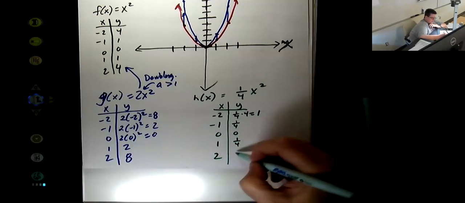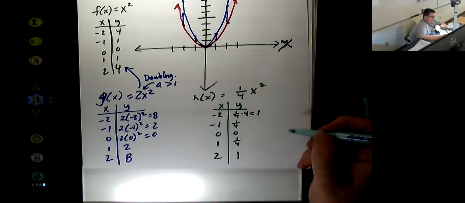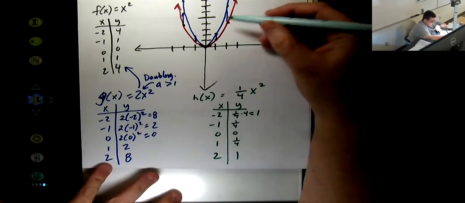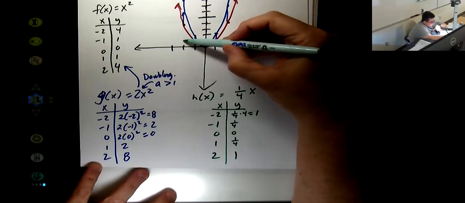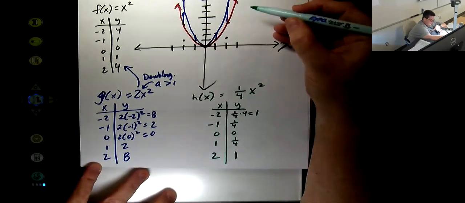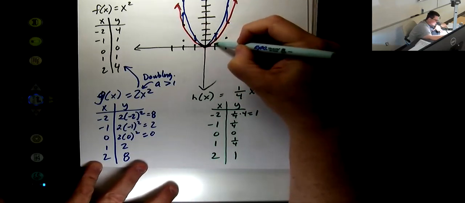And we saw f of x or x squared is nice and symmetric, so it does stuff like that. So like the 2 is down to a 1 rather than a 4. And the plus or minus 1 is really down to 1/4. That's really low.